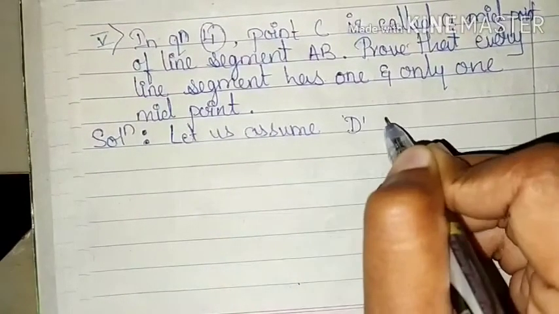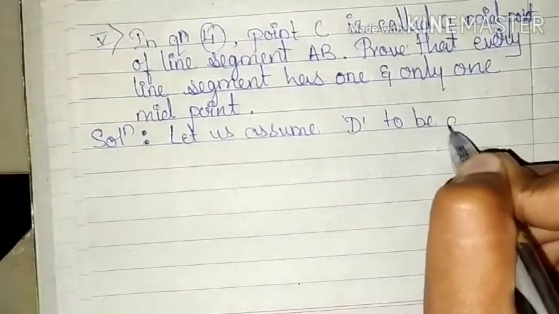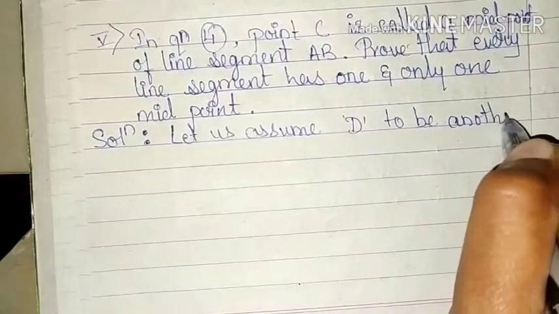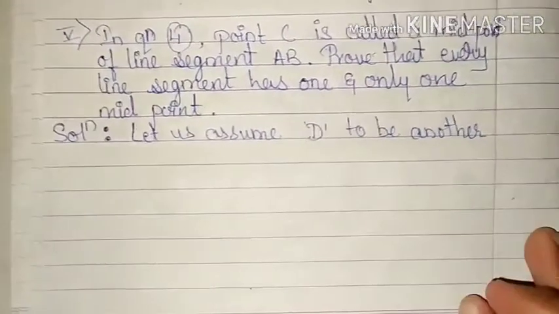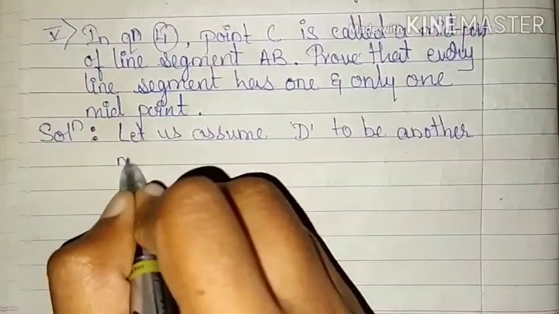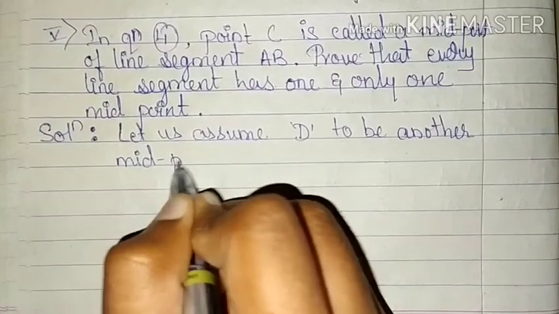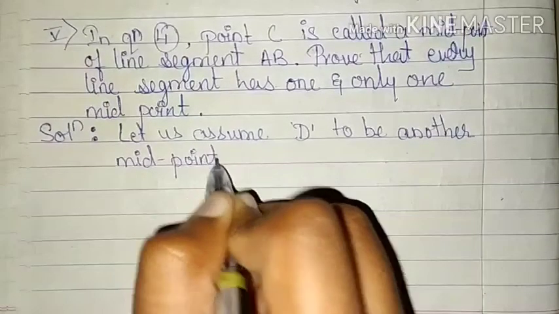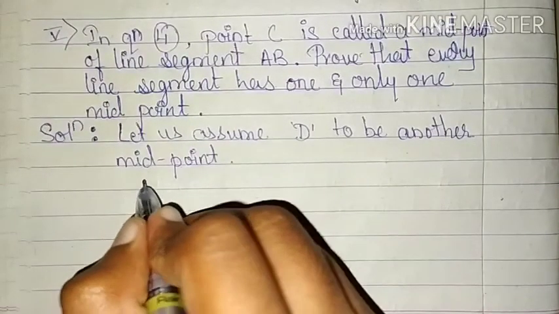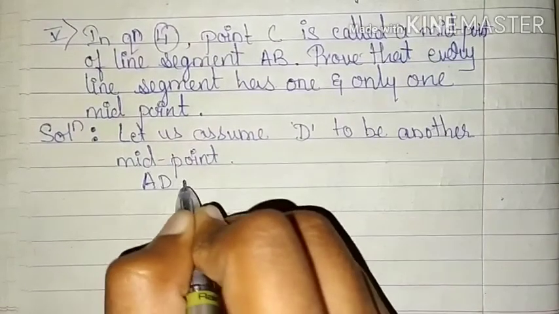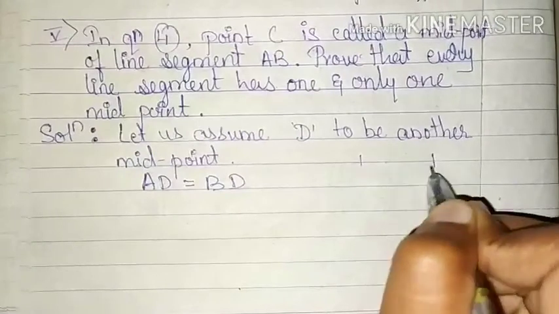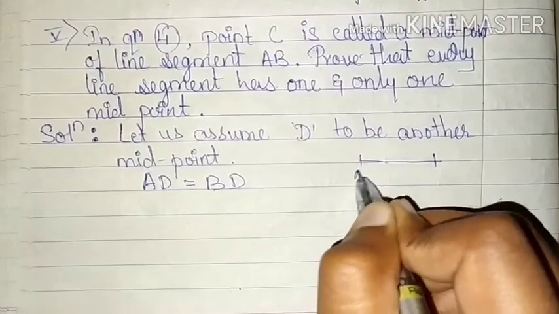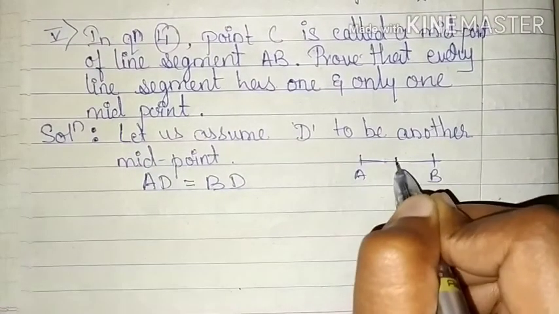D to be another midpoint. Okay, we knew that C is a midpoint, but now let us assume D to be another midpoint. So from that we get AD is equal to BD, because this will be our line segment like this, AB, and D will be our midpoint.